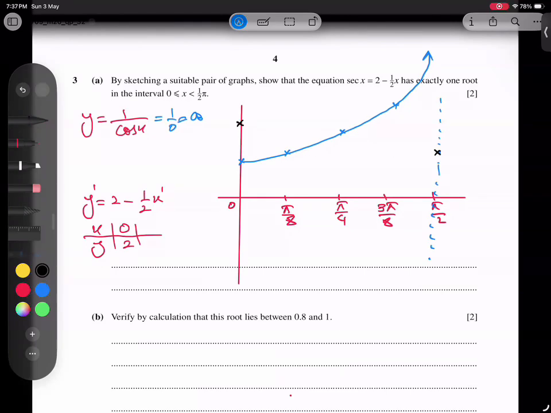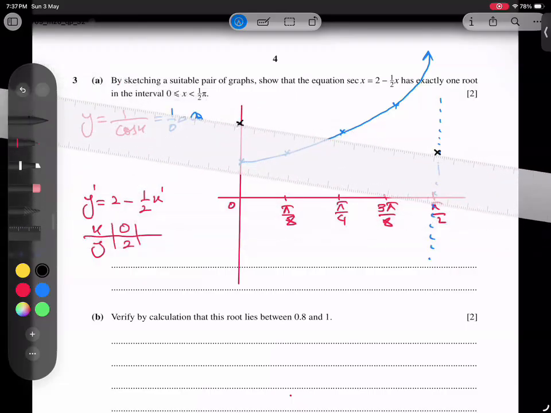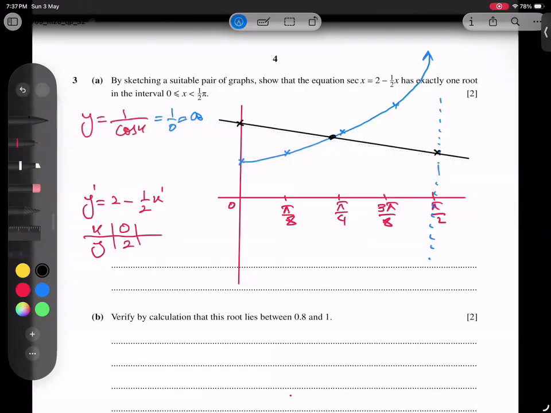I think the point is very clear. They intersect at one point, and we have to mention the point. And we can say the statement he was asking: hence proved. That's it. Let's go for the next question.